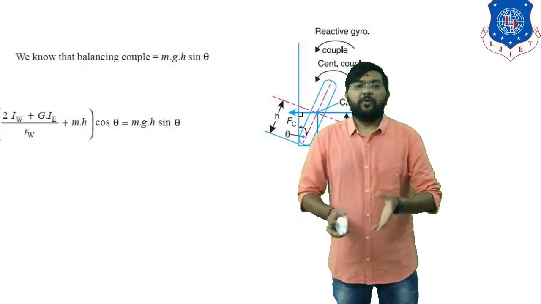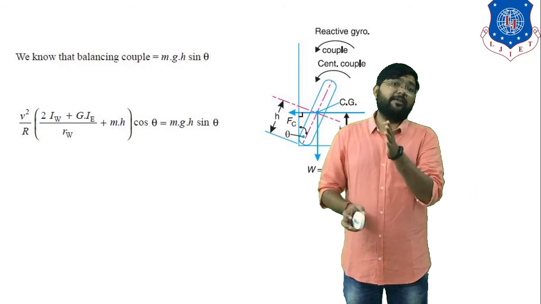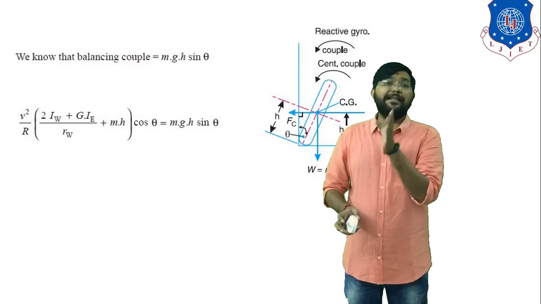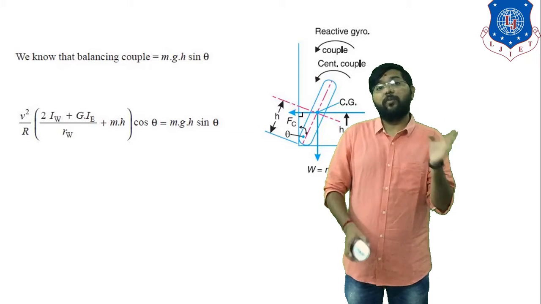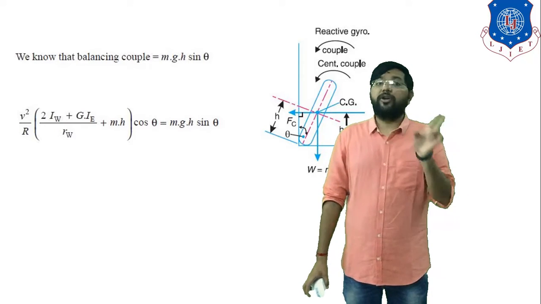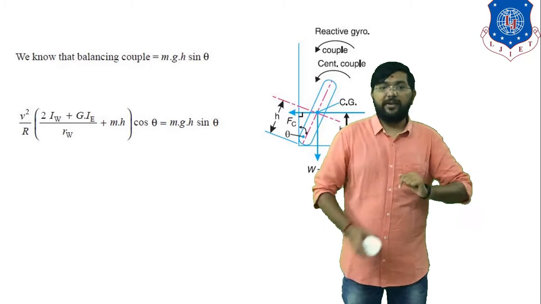So we know that the balancing couple is equal to the gravitational force, that is mg, multiplied with its perpendicular distance. That distance is h sin theta, as you see in this figure.